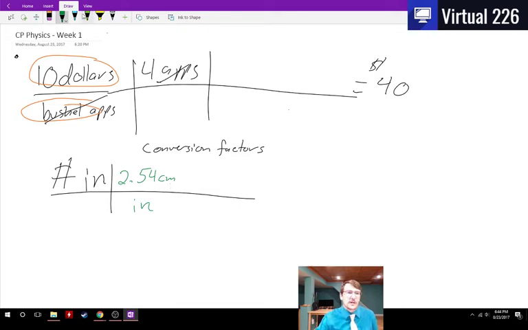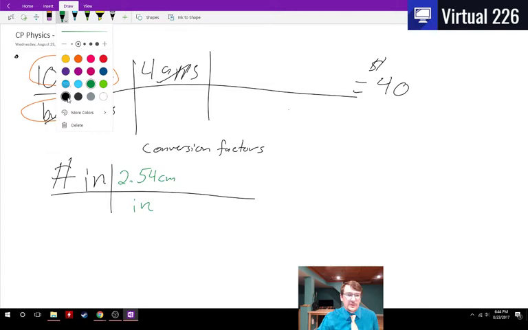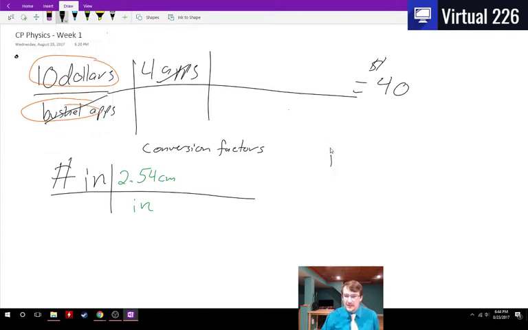A lot of times, whenever I do stuff like this, I'll do this off to the side here, I just like to write, okay, I've got inches, centimeters per inch, and then note this is kind of the train track without the train track being there. You can kind of see it would go right here and then right across. I just like leaving my fractions like that and calling it a day, because in the end, no matter what, my inches will cancel, and now I'm stuck with something in centimeters.